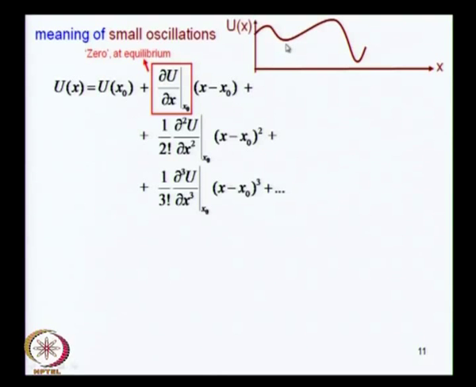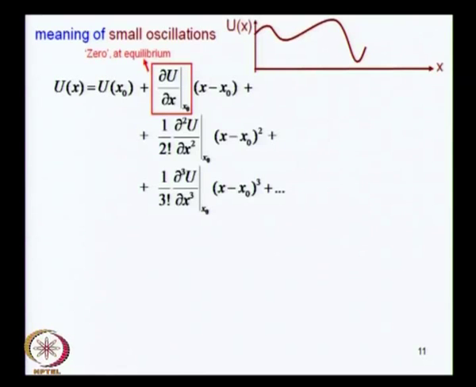So if you go sufficiently close to the equilibrium point, and this is the meaning of what is called sufficiently close. Sufficiently close means a region which is close enough where you can ignore the cube, but not the second power of x minus x0, and that depends on the accuracy with which you want to measure these things.